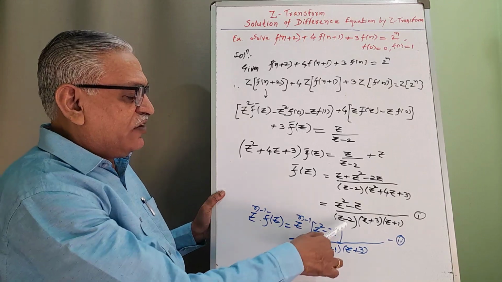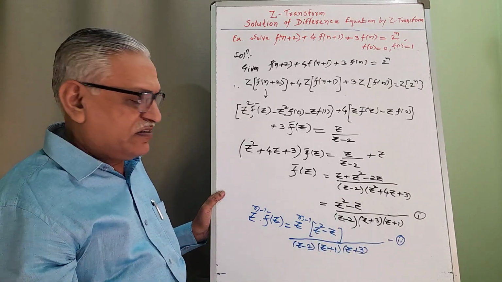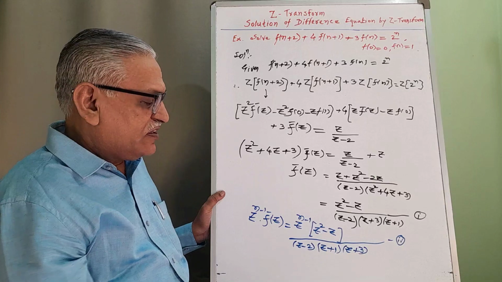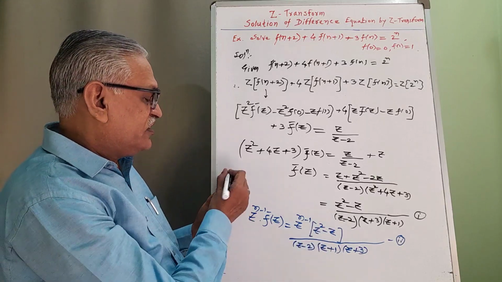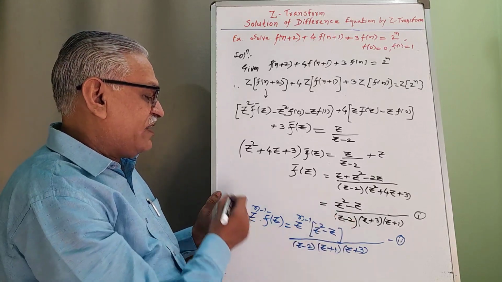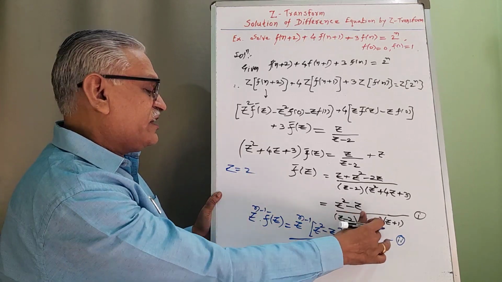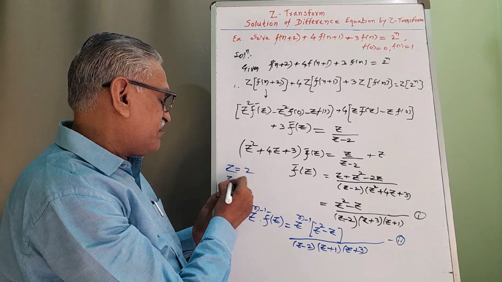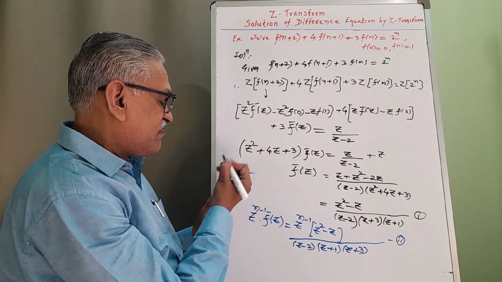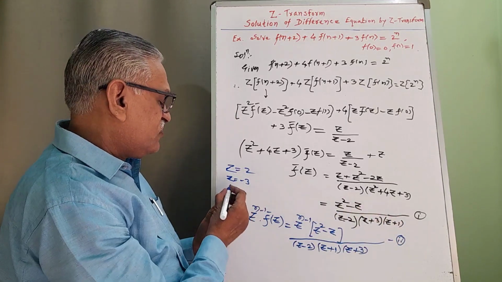Then if we see the terms in the denominator, there are 3 terms. Therefore, we have the poles z equals 2, z equals minus 3, and z equals minus 1.